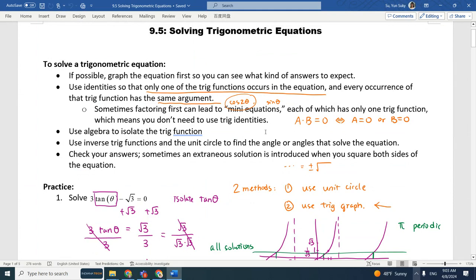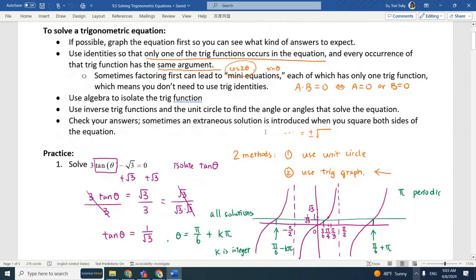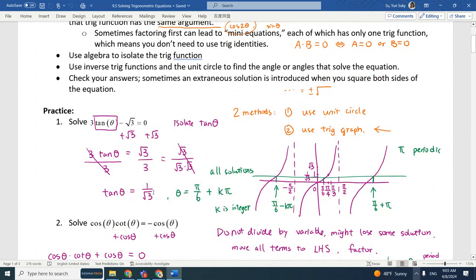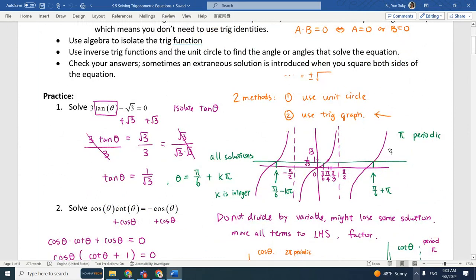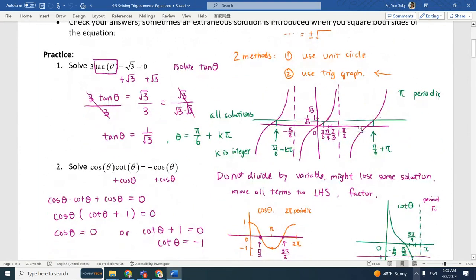Okay, so here are some rules. After we isolate and solve for the trig expressions, you look at the trig graph. So two methods: either use the unit circle or use the trig graph. I teach you to use the trig graph, and your homework has some videos teaching you how to use the unit circle.